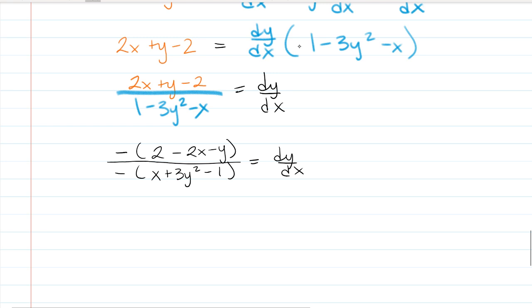The negatives will cancel, and then we will get an answer of 2 minus 2x minus y over x plus 3y squared minus 1 equaling the dy dx.